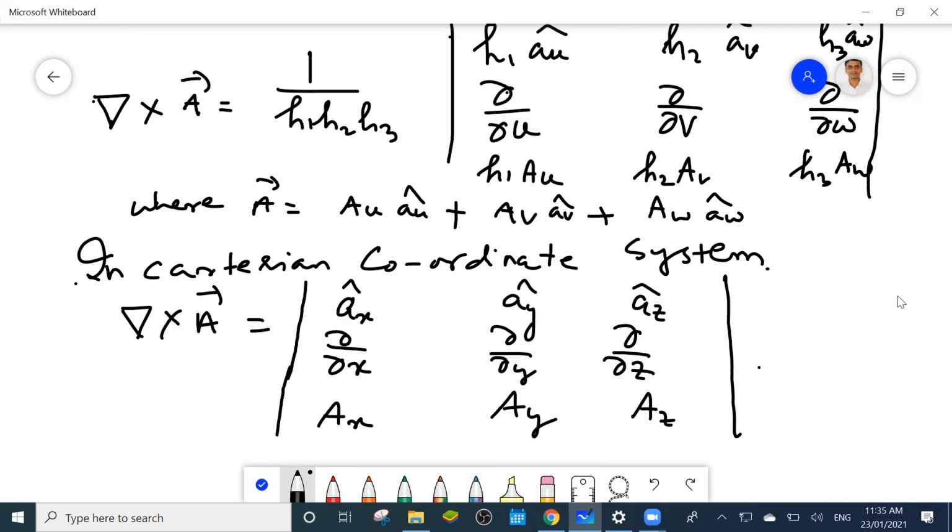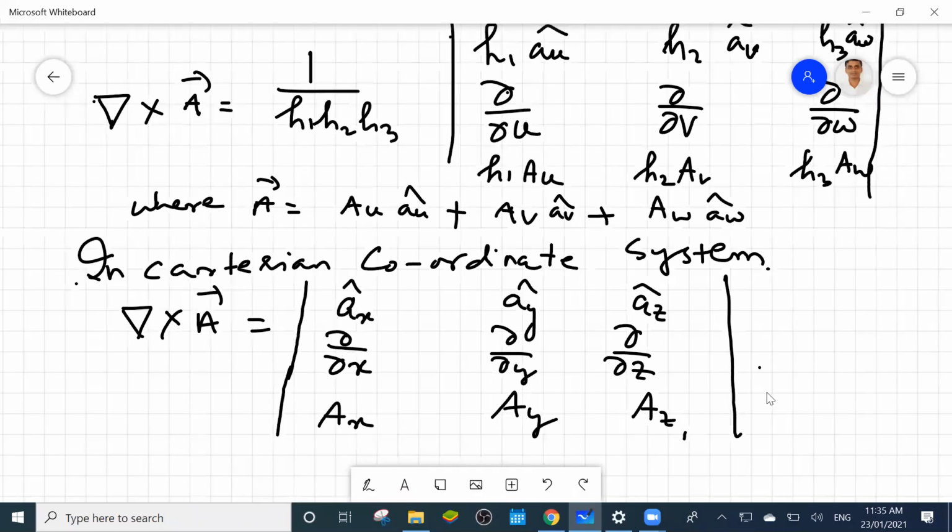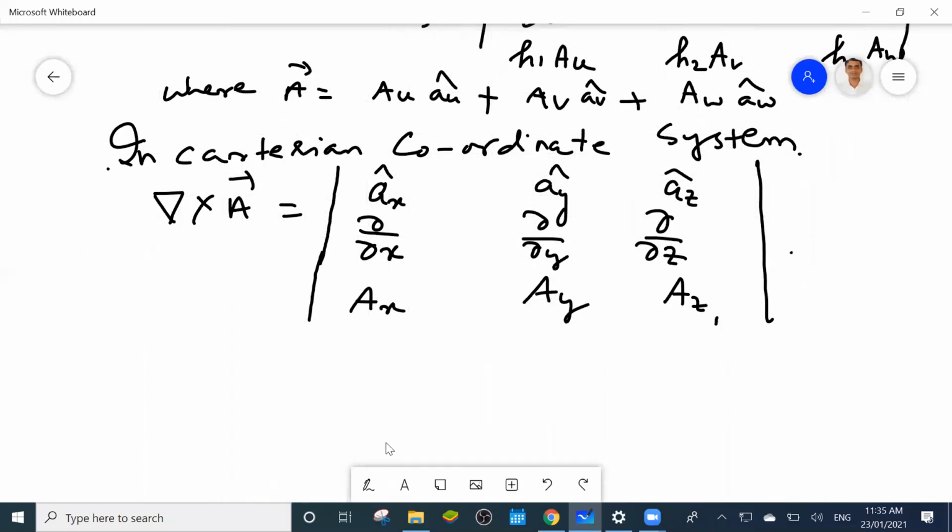Clear, everyone? So you can multiply this one. Is this clear, everyone? Yes, sir. So find out the multiplication of the determinant.